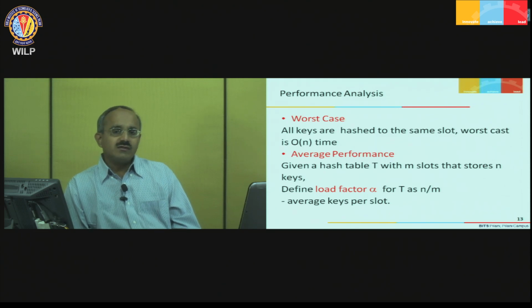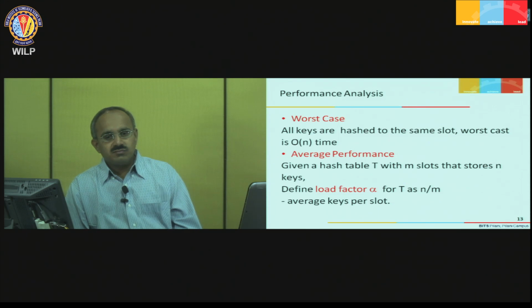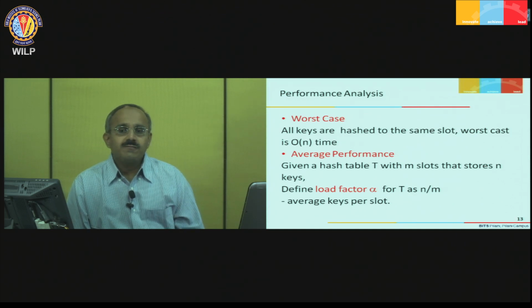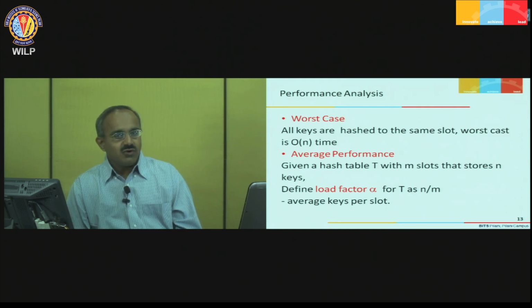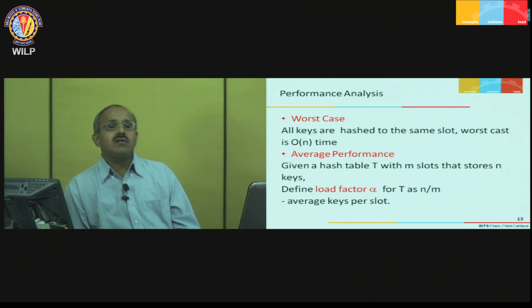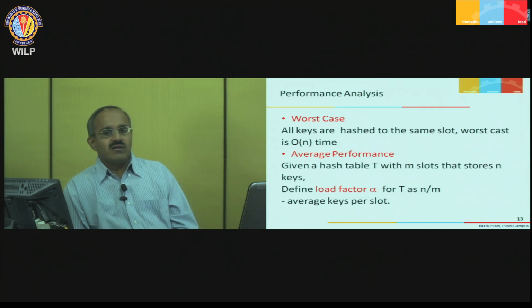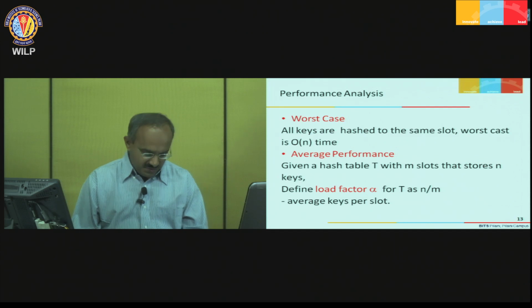We want to define alpha, which is called the load factor, which basically calculates the average keys per slot. That is, if you want to store n keys and you have m slots available, then your load factor alpha is going to be n by m. So, our average performance is going to be computed using the load factor alpha, which is average keys per slot.